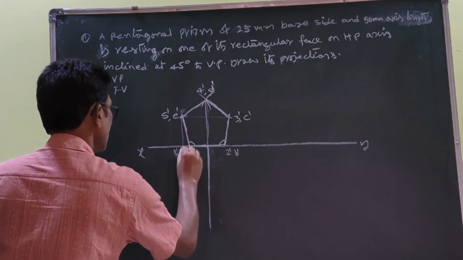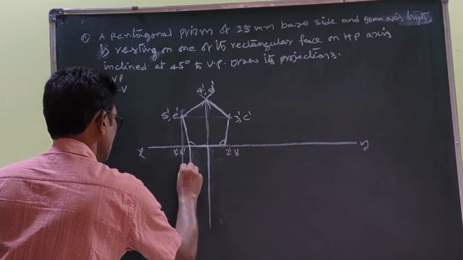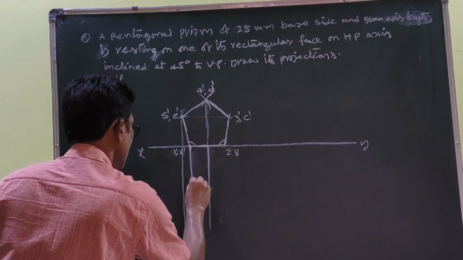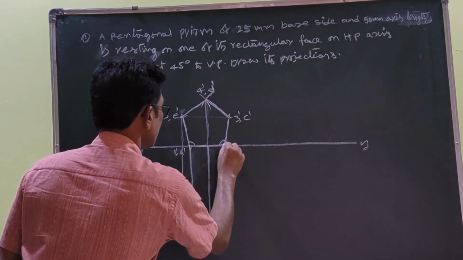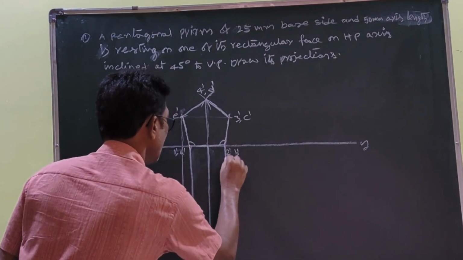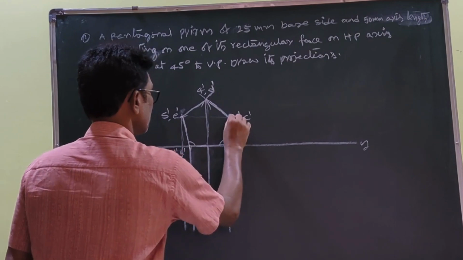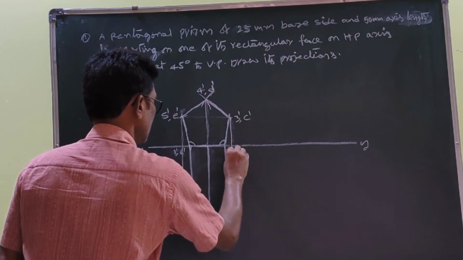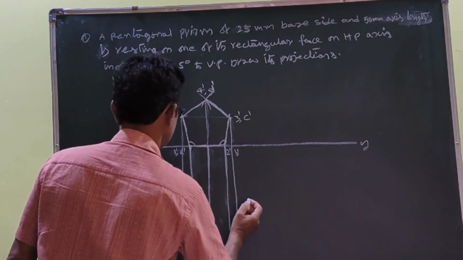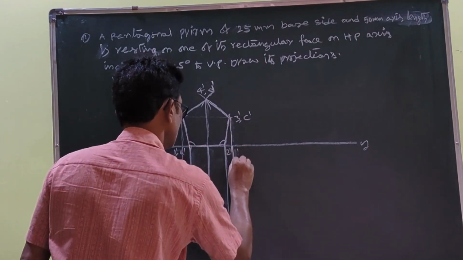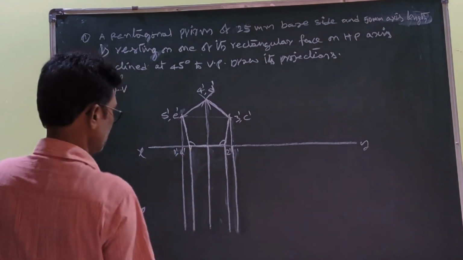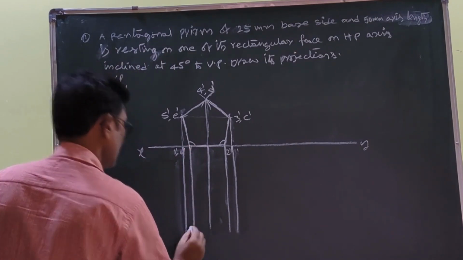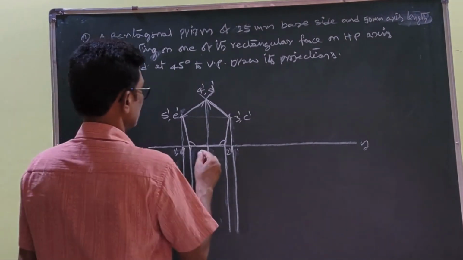Here also you draw a projector, and here also, like this, up to the x-axis. Then you draw projectors like this.